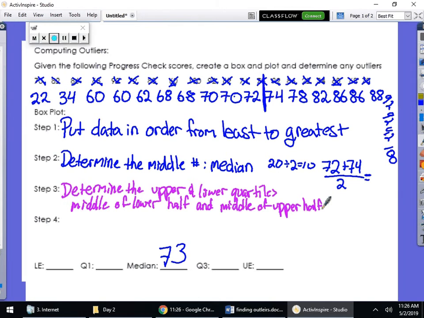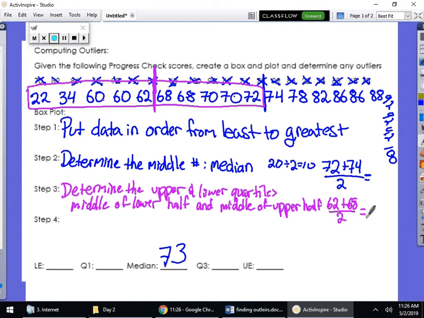So this is my lower half right here. There's 10 numbers, halfway is 5. So 1, 2, 3, 4, 5. So I know that my lower quartile, my quartile 1, I'm going to do 62 plus 68 divided by 2.